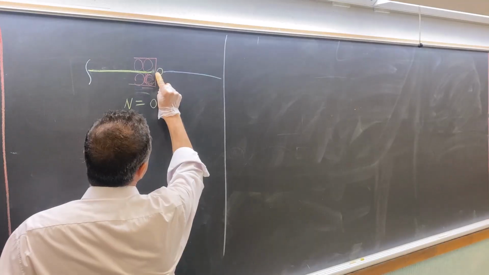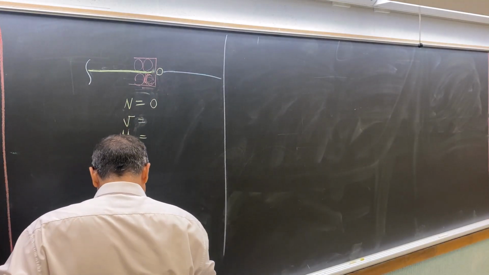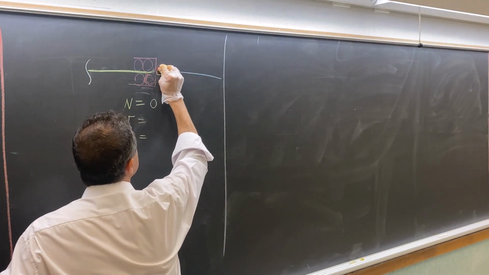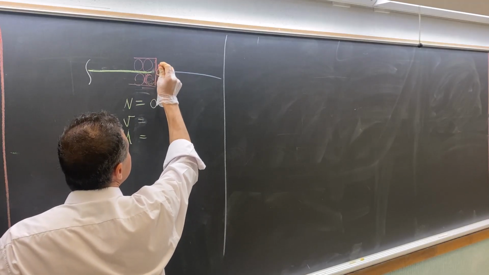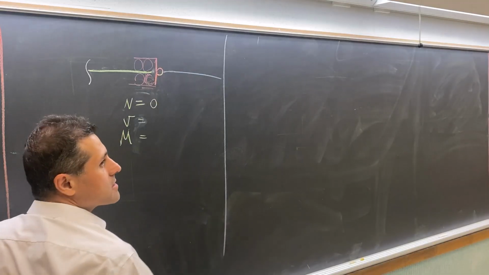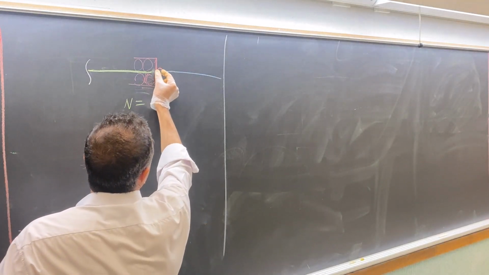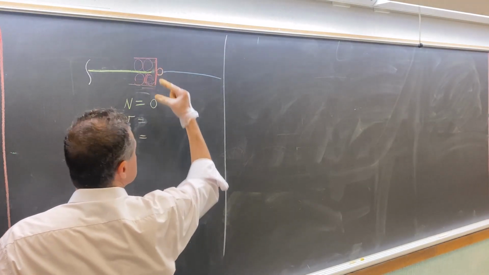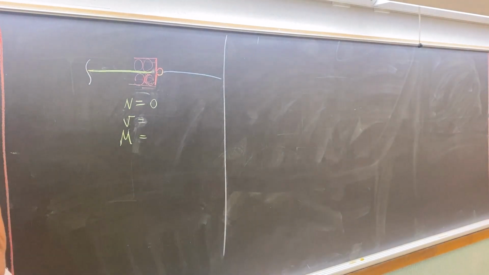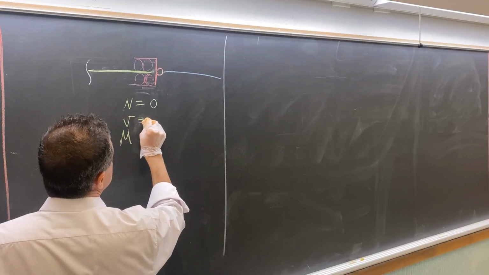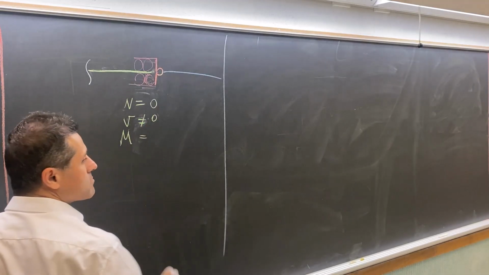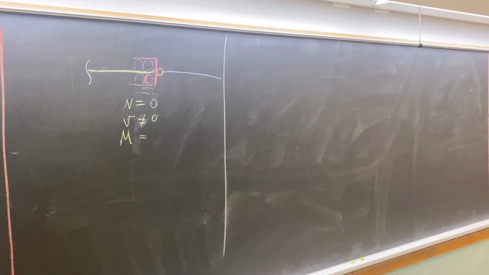So basically this point is attached to this. So this one cannot move up without this. So in this case, you can say shear is not zero. What about moment? Moment should be 0.